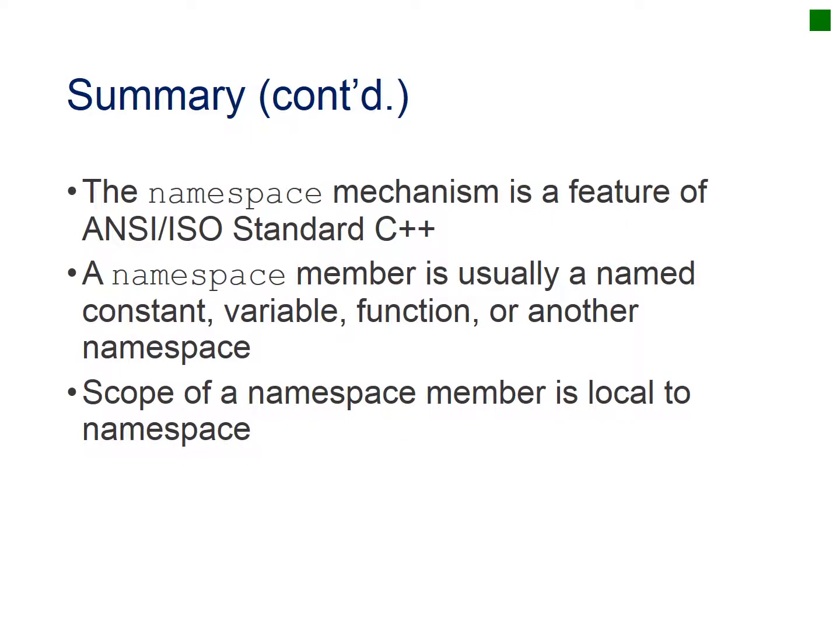The namespace mechanism is a feature of the ANSI/ISO standard C++. A namespace member is usually a named constant, variable, function, or other namespace. The scope of a namespace member is local to the namespace.